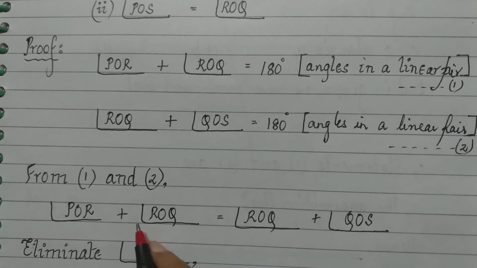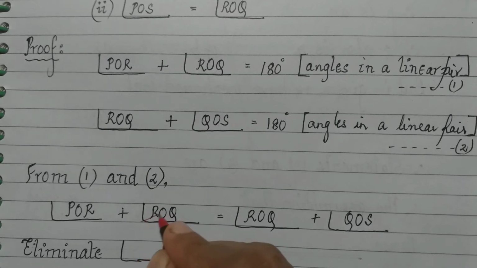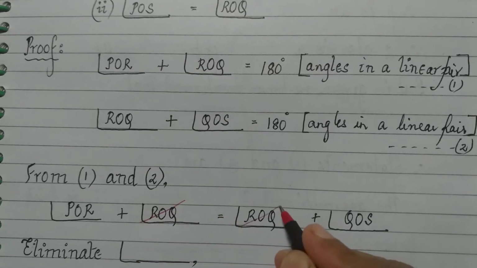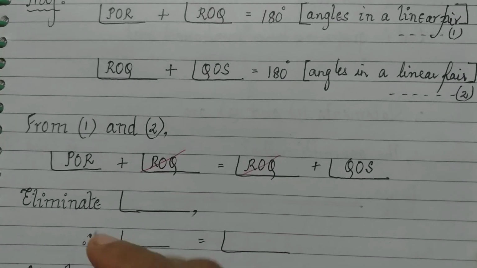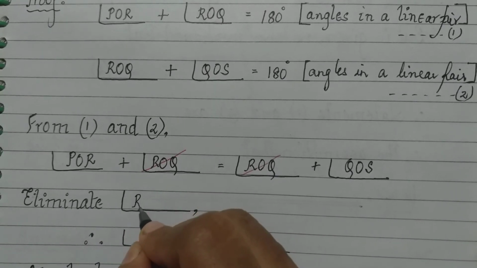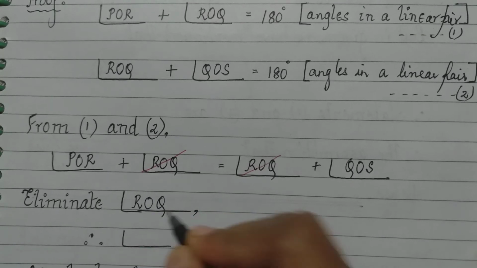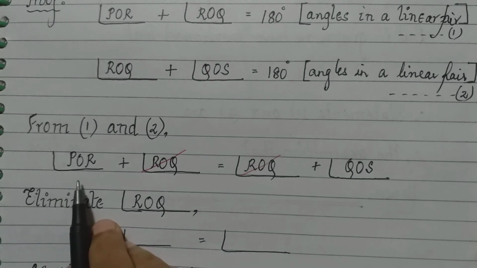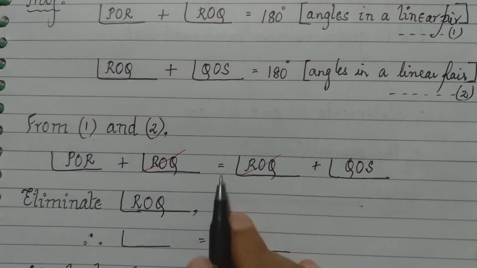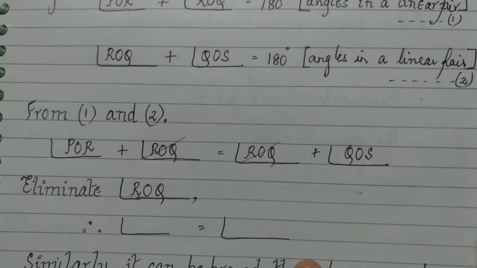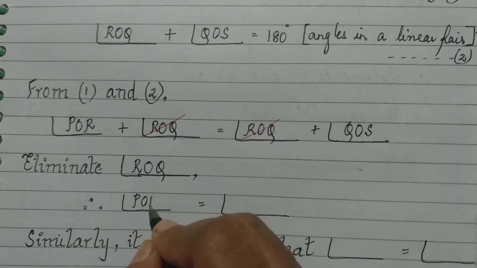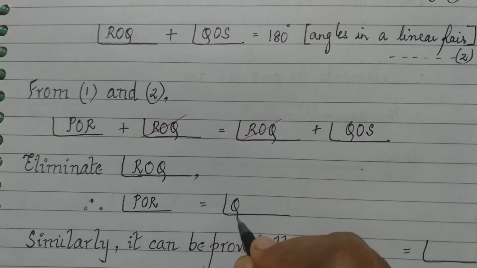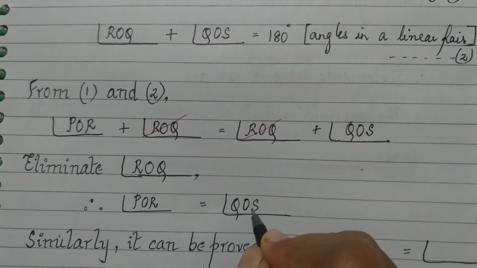So this angle can be eliminated, that is, it can be cancelled out. We write the reason: eliminating means removing. Eliminating angle ROQ, what is left? Angle POR is equal to angle QOS.